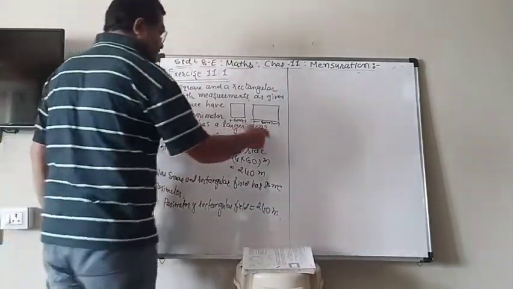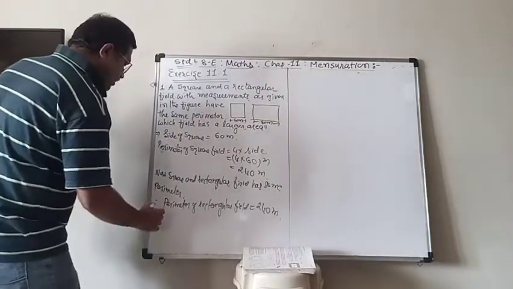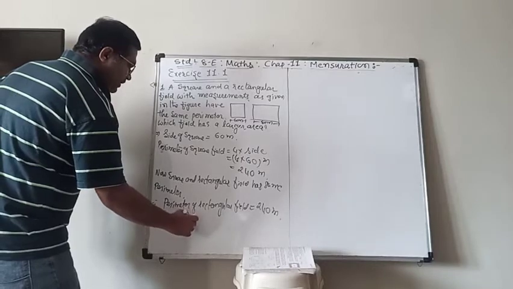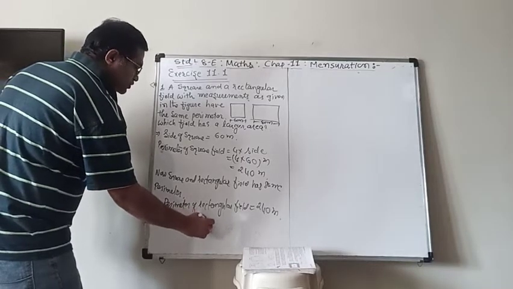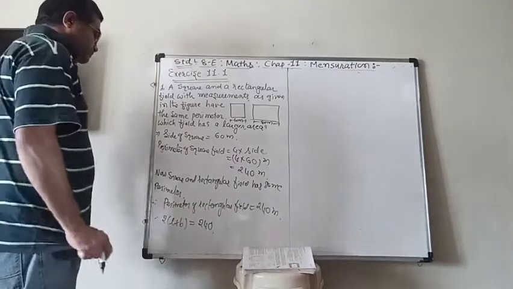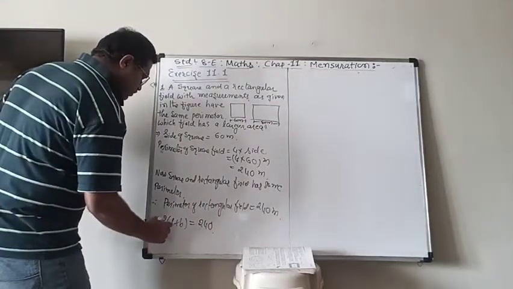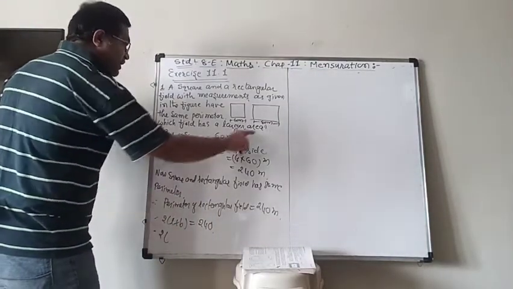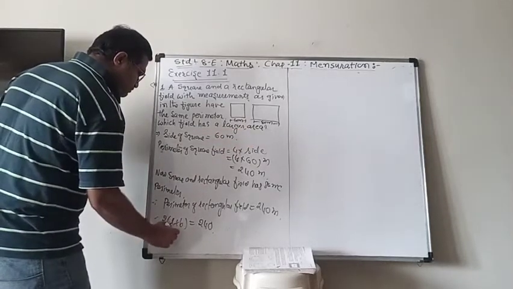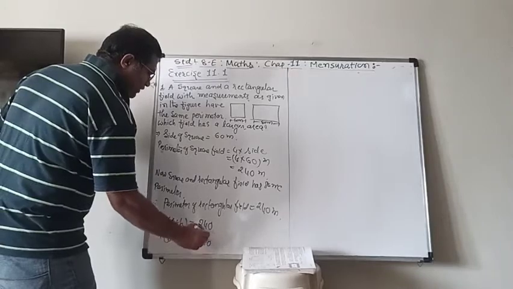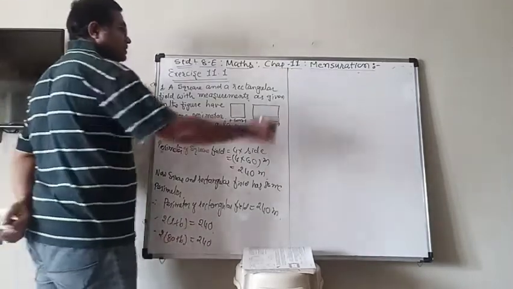Now the length is given. So 2 into bracket length plus breadth is equal to 240. So 2 into bracket, we have length 80 plus b is equal to 240. We can take 2 to that side.